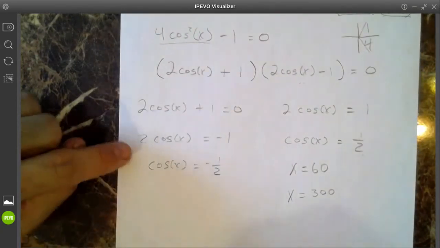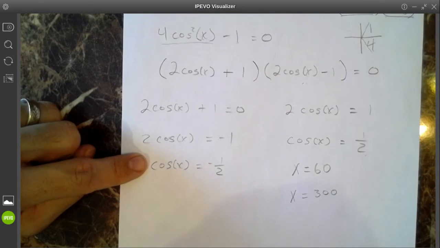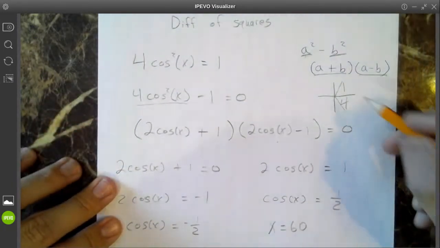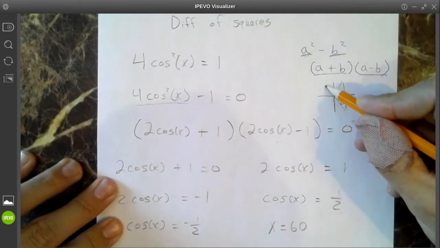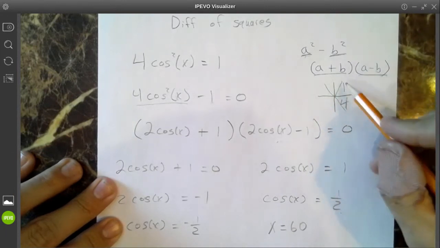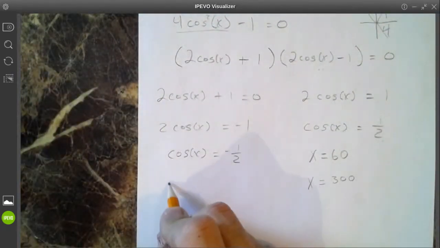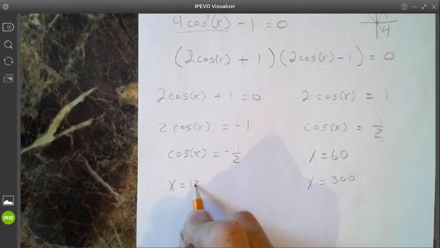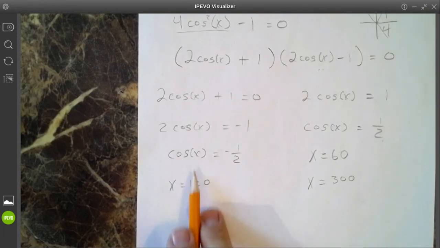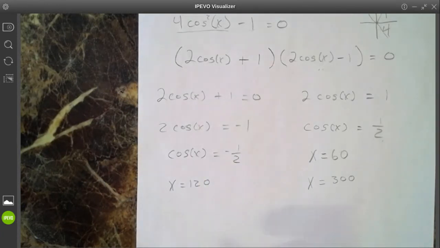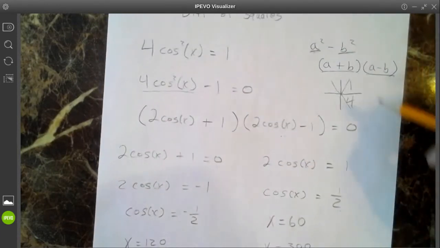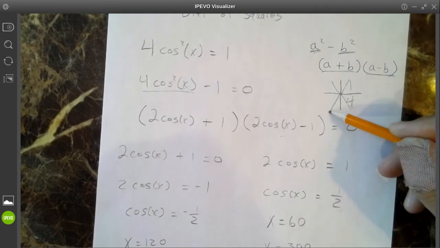And then because we're dealing with a negative 1/2 as well, I know I can go ahead and use the quadrant 2 version, which is going to be, if that's 60, then this is going to be 120. All right, so 120. So cosine of 120 is going to give me negative 1/2. And then I also want that quadrant 3 version as well.